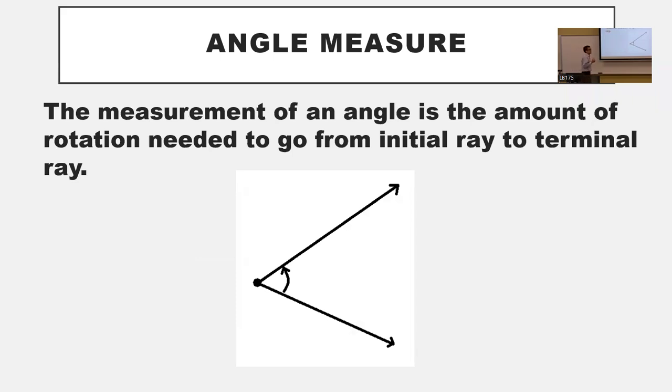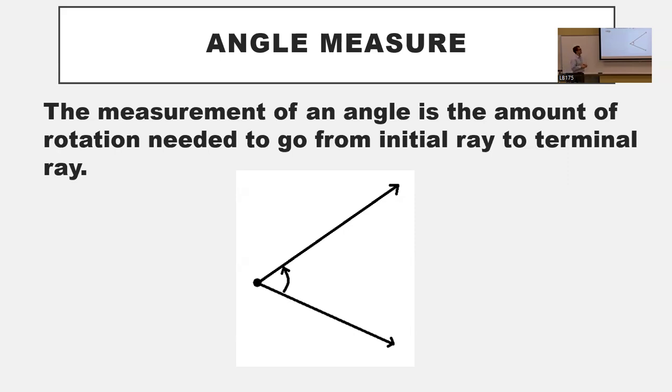So what is an angle? An angle is where two rays intersect. We are going to measure those angles by measuring the amount of rotation needed to go from an initial ray to a terminal ray. So an angle measurement is the amount of rotation.